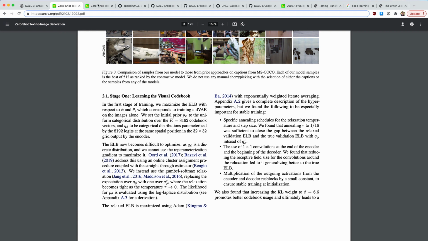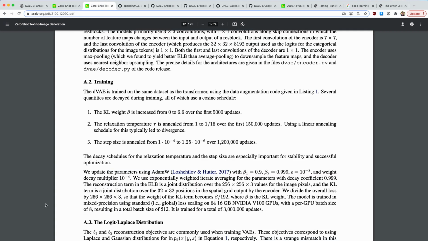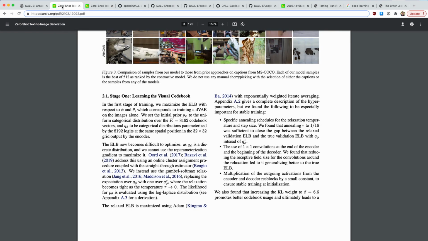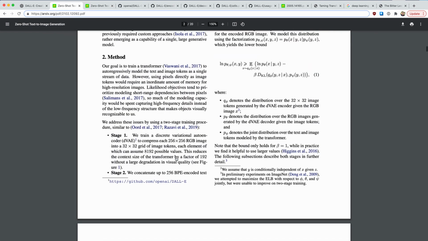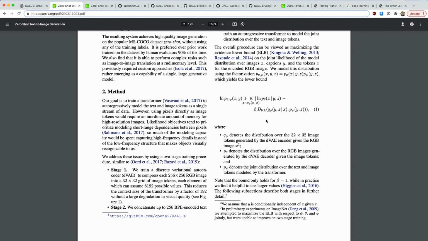But that's actually not the case here, because in this case the encoder for the VAE is actually predicting a true distribution over the tokens. So that means that this regularization term that pushes the predicted distribution over tokens towards a uniform prior actually matters in this case. And that's a big difference between this model and the VQ-VAE model that was originally in the VQ-VAE papers. Mm-hmm.